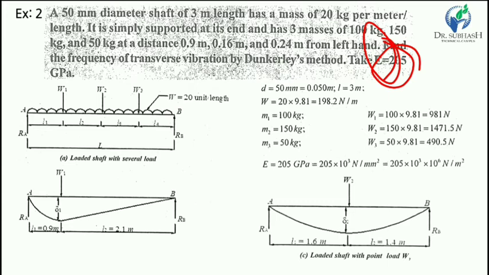The dimension of the shaft is given as 50 mm diameter, converted into meters: 0.05 meter, and the length of the shaft is given as 3 meters.